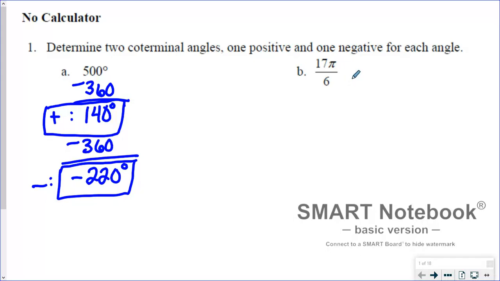All right, so here, again, we would add or subtract 2 pi. Now here you're going to have to find a common denominator. So 2 pi is equal to 12 pi over 6, obviously, because 12 over 6 is equal to 2.